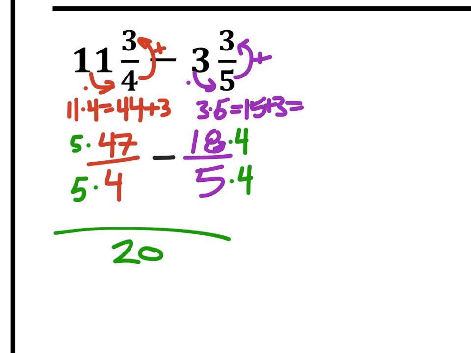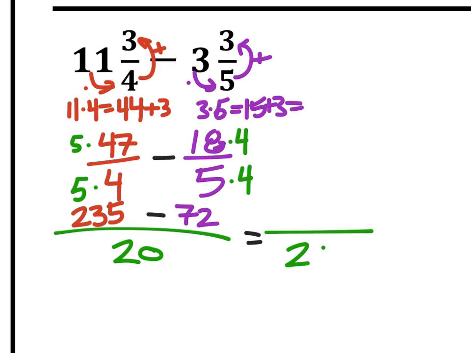So, for example, I got the 47 times 5, right? 47 times 5, that should be 235. And then 18 times 4 should be 72. And we are subtracting these.